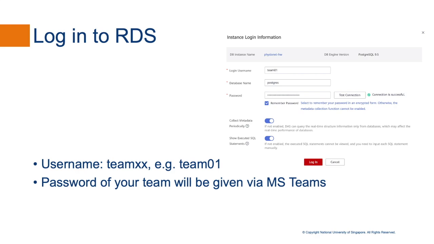The database name is Postgres, and the password will be given to you via Microsoft Teams as well. Please click Test Connection before you click Login, and wait for the message Connection is successful. Please also turn on Collect Metadata periodically and show executed SQL statements.